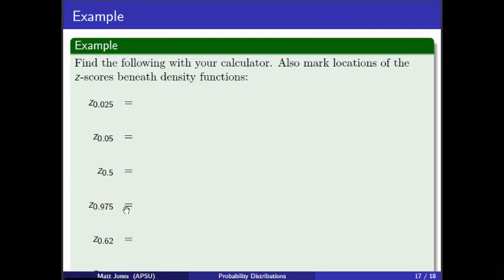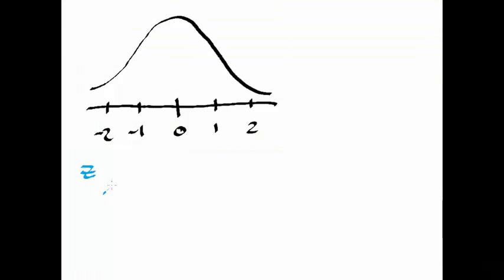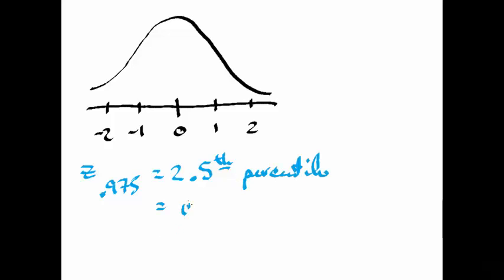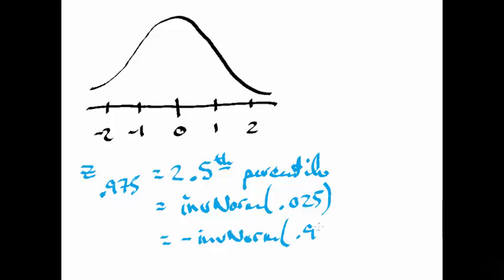Z sub 0.975. Okay, so what we're saying here is that the area to the right of this mark is 97.5%. So this is the 2.5 percentile. I can do that with my calculator by doing INV norm of 0.025 or negative INV norm of 0.975.